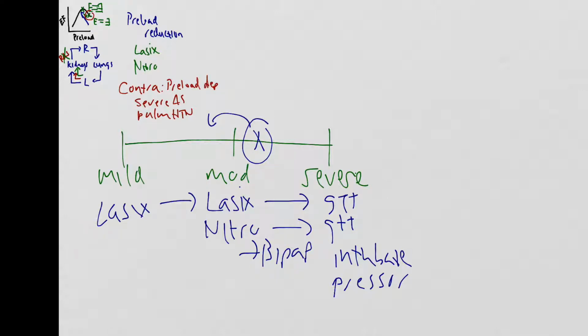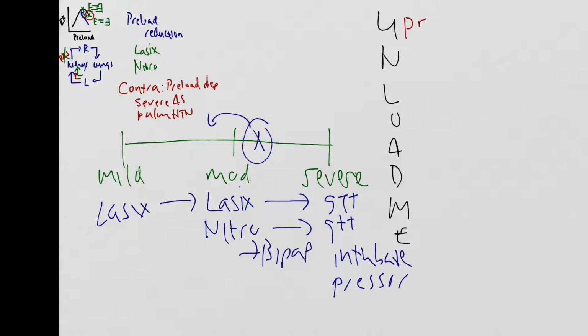If you're a mnemonic person, you can use the mnemonic UNLOAD ME to figure out what interventions you should perform on your patient who's in moderate to severe or severe respiratory distress from CHF exacerbation. So let's fill this out.